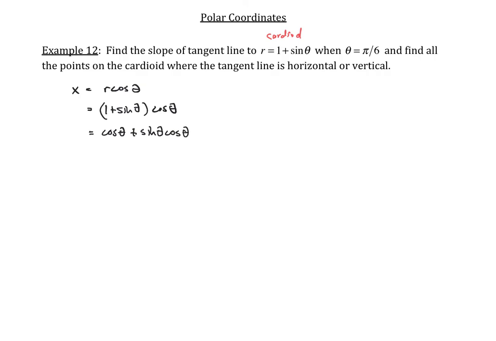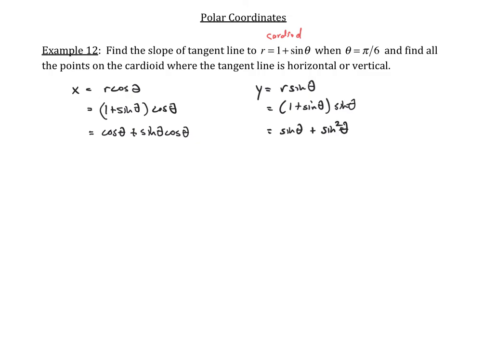If we write down what y is going to be, it's equal to r sine theta, and that's going to be 1 plus sine theta times sine theta. And we can see that this is going to equal sine theta plus sine squared theta.